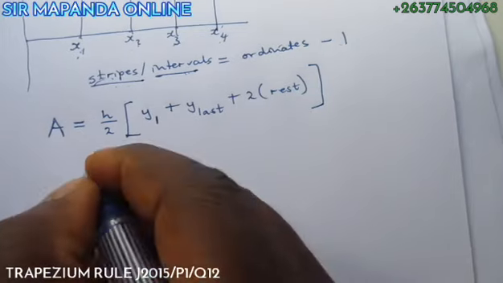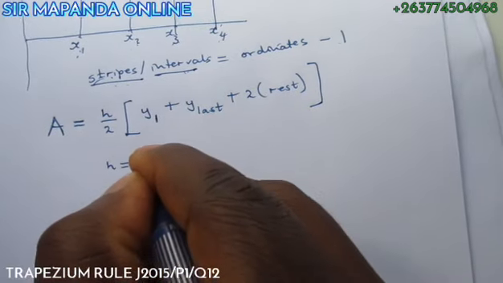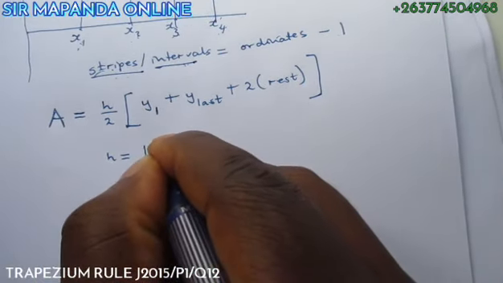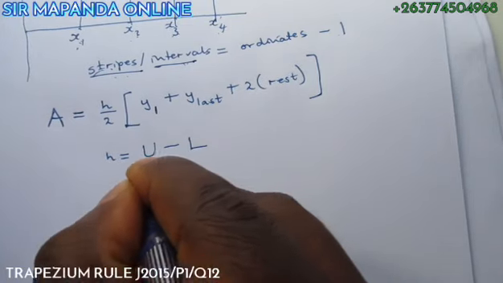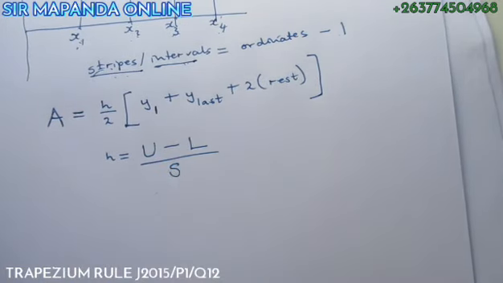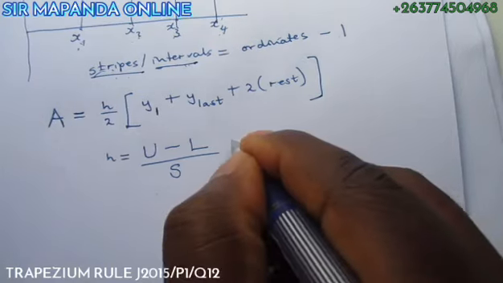So how do you then find h? To find h, you say upper limit minus lower limit divided by number of stripes.